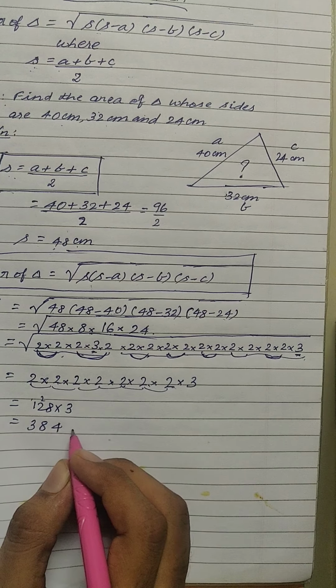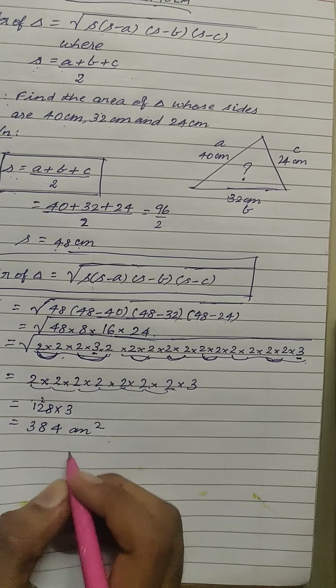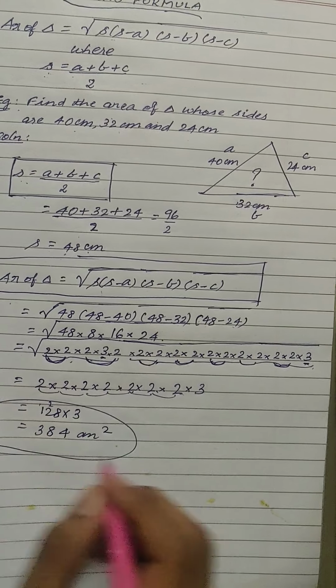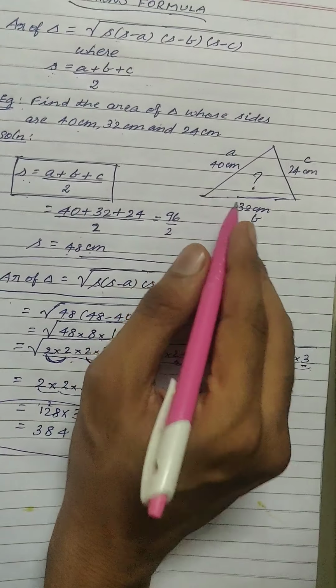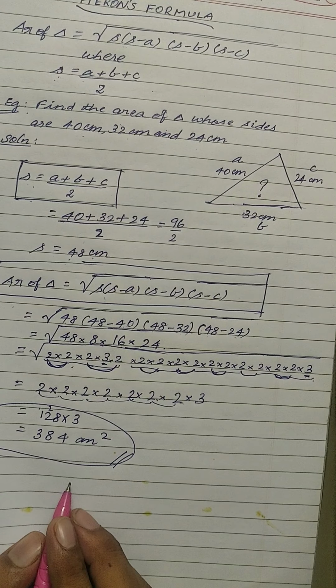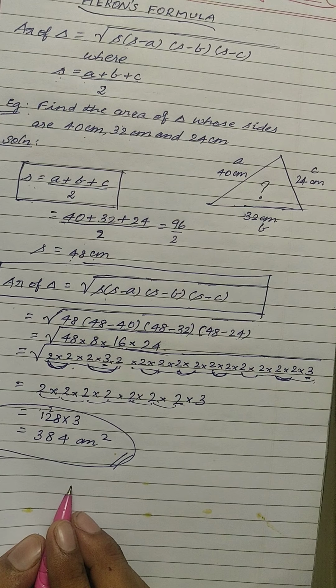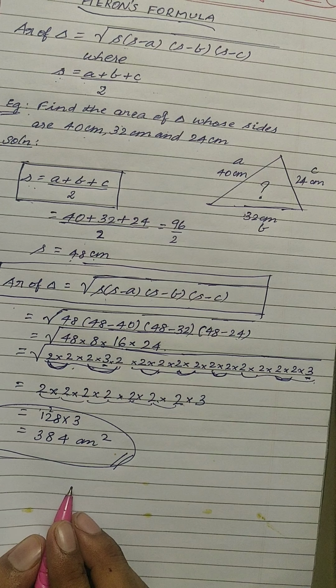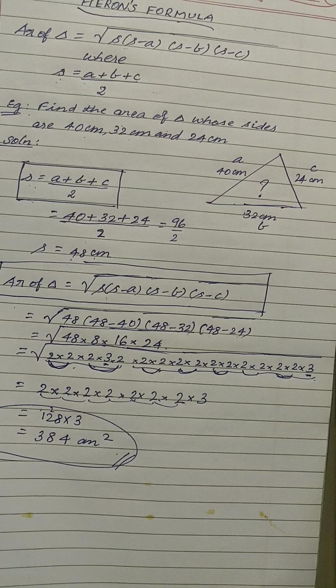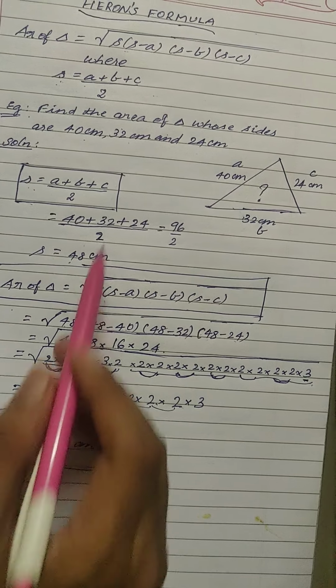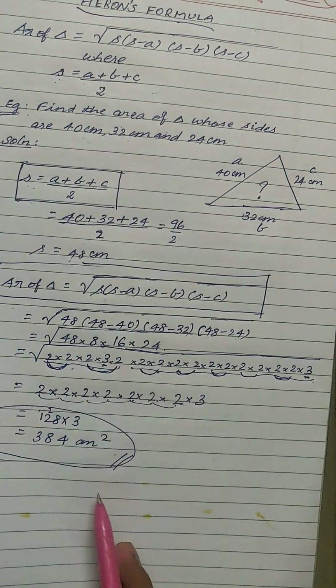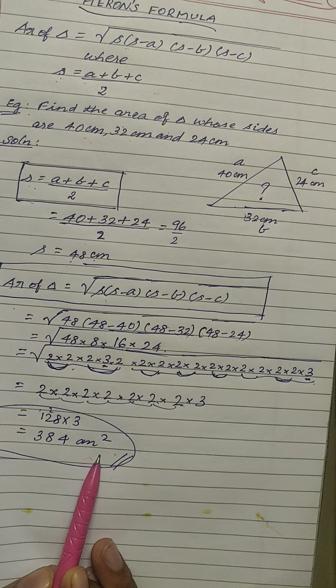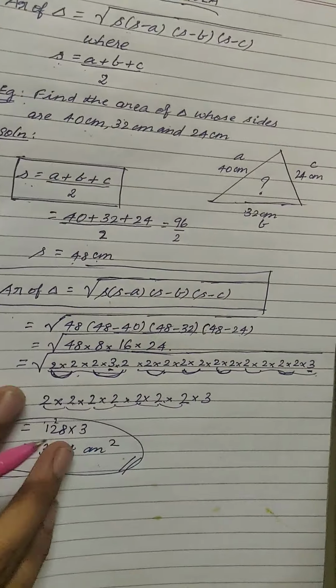So the answer is 384 centimeters square. So this is the total area of the given triangle. So this is how you have to do it. I hope you can understand the concept behind this. Since they have given the measurements in centimeter, we are getting it in centimeter square. If they have given it in meter, we will be getting it in meter square.